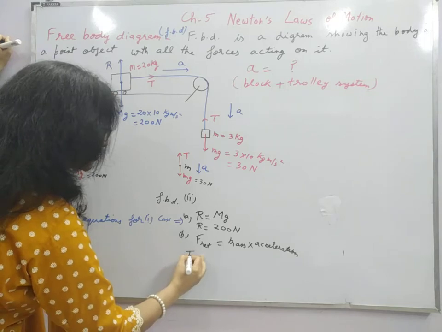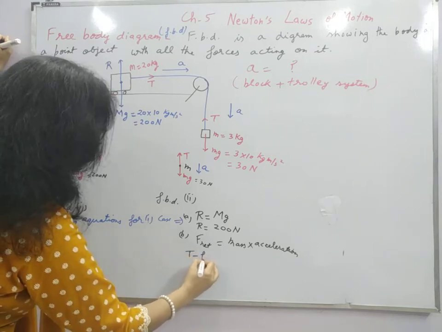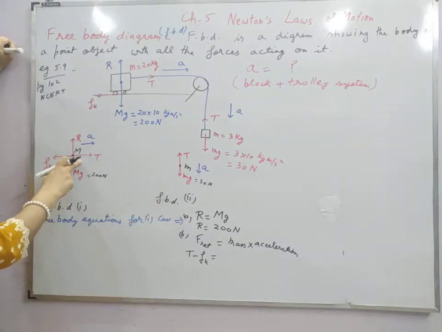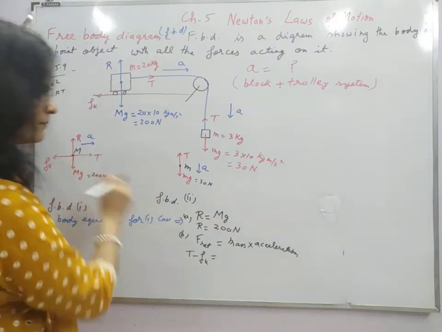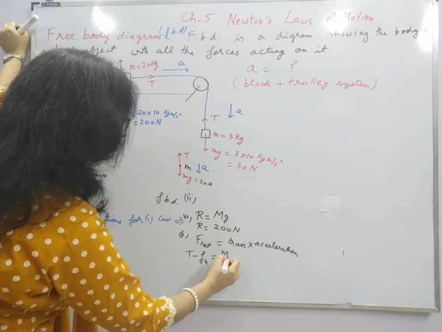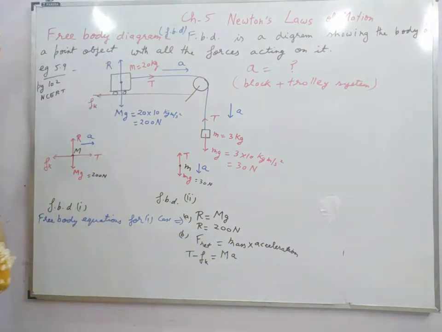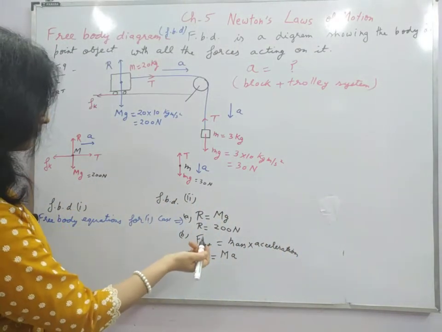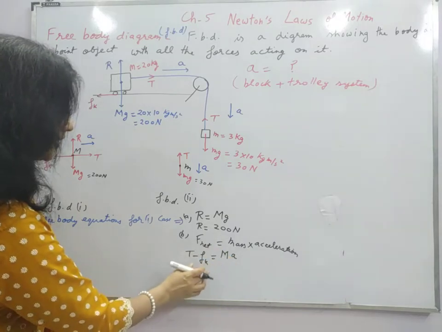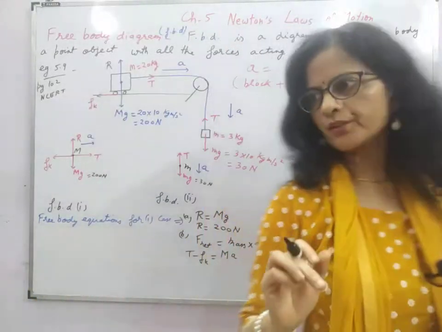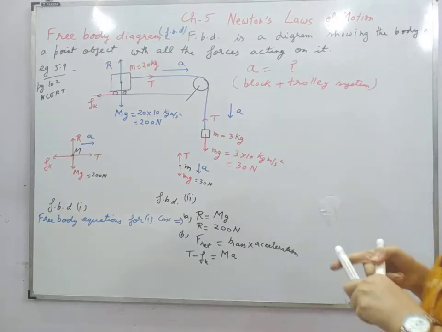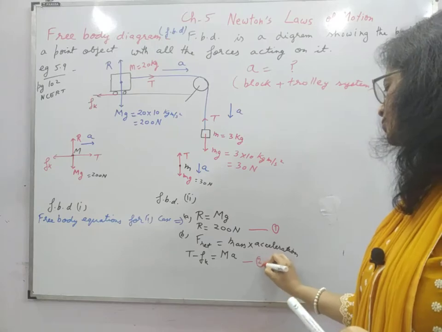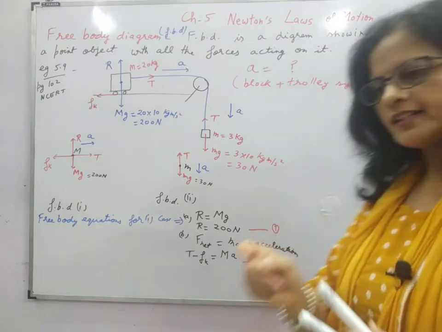So you can write T minus Fk is equal to mass of which body? The body for which we are writing the free body diagram. So this will be capital M into a. I hope this is clear. Here I'm leaving it as it is as of now. I'll put the values later on. Okay. So I'm putting this as equation 1, suppose this as equation 2, and let's solve the rest part.